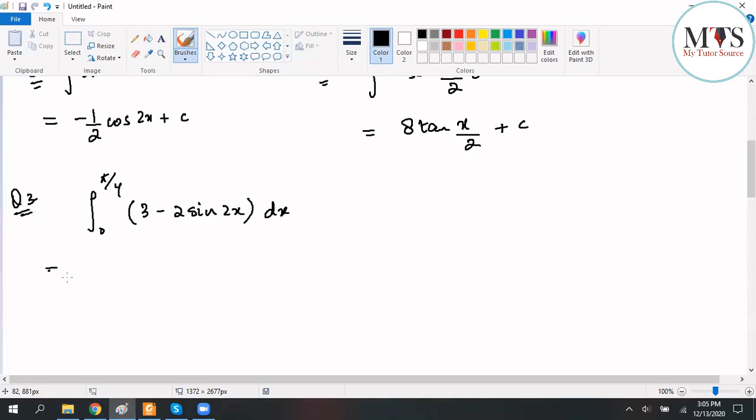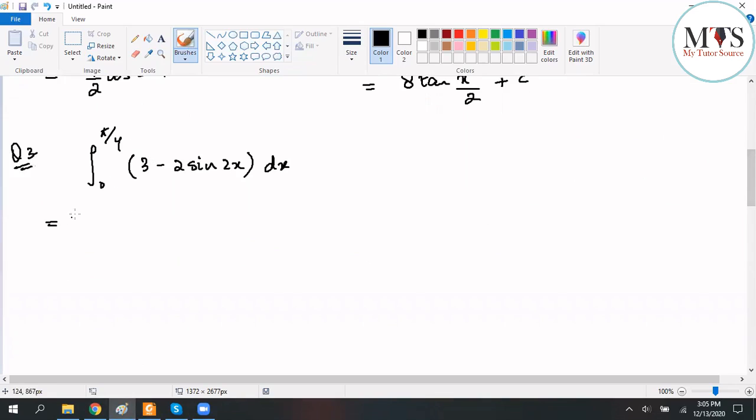How will we integrate this? 3x minus, then this minus will become plus cos 2x dx. Yeah, done.